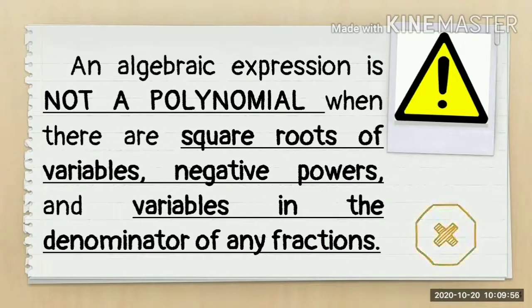Pangalawa, when there are negative powers. Example, x raised to negative 3. So, hindi po natin masasabi na siya ay polynomial function. And last one, if there are variables in the denominator of any fractions. So, hindi din po pwedeng magkaroon ng variable ang denominator ng isang polynomial function.